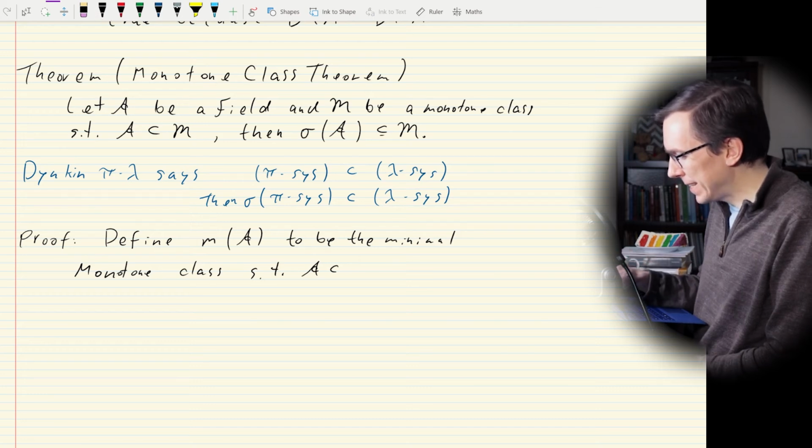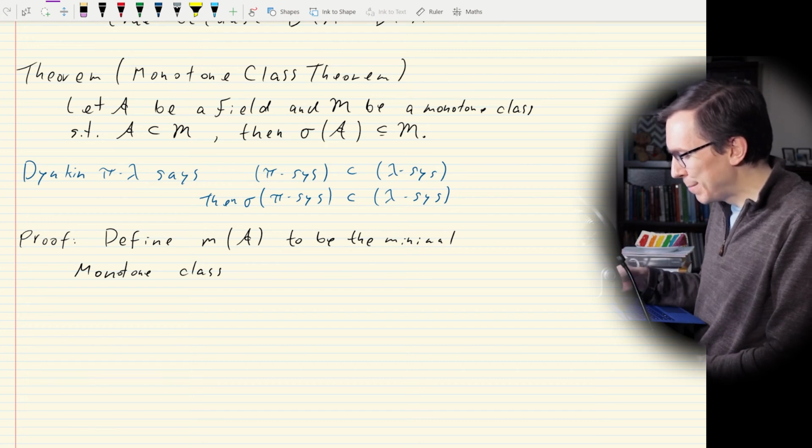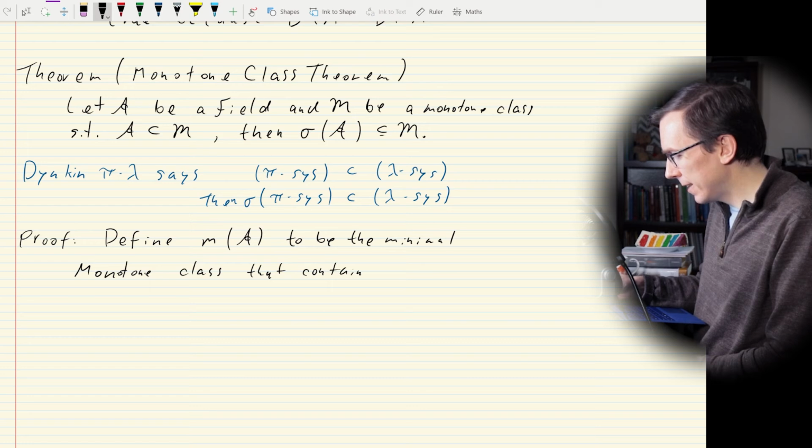Let's say the minimal monotone class, let's try to write a better sentence here. The minimal monotone class that contains A.